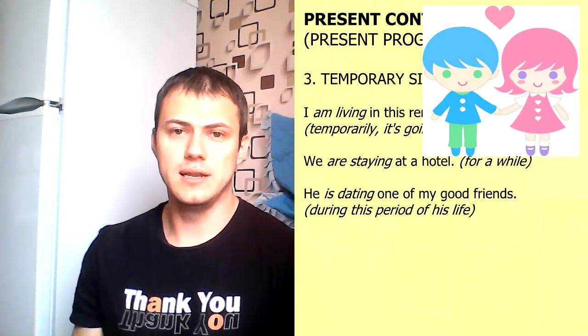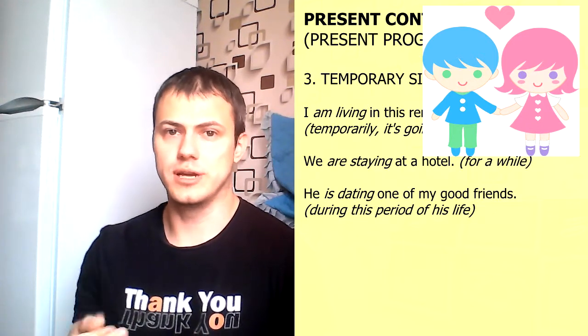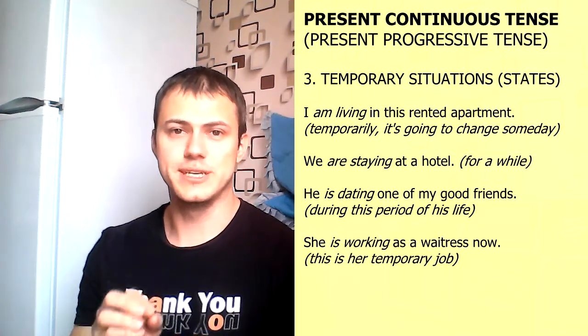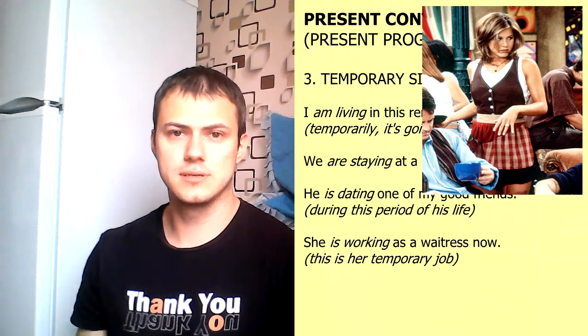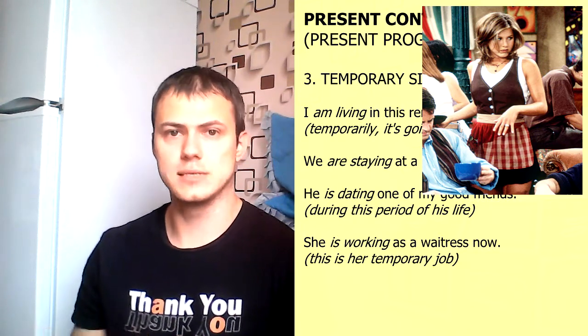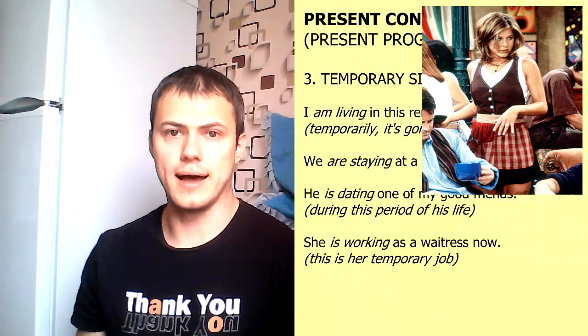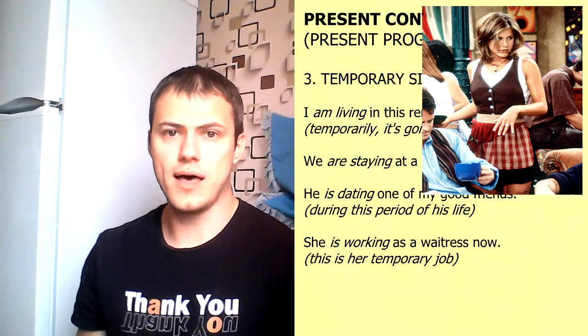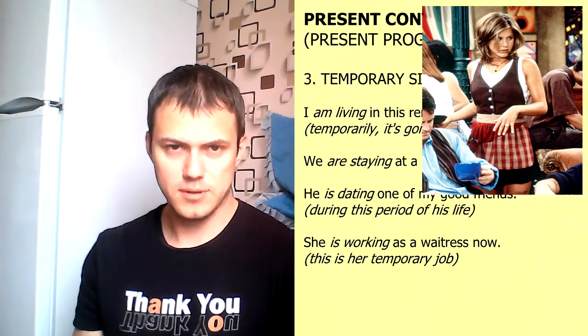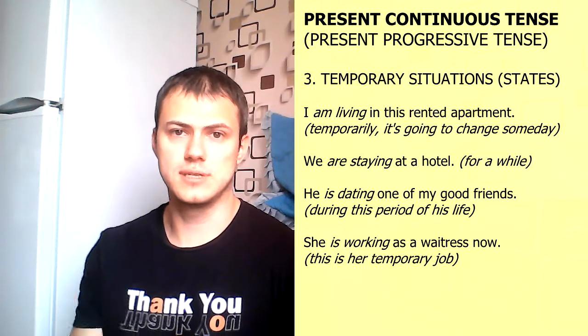So I believe this is a temporary situation, so I use the present continuous tense now. She is working as a waitress now. So it's a temporary situation as well. She's gonna change her job maybe after a few months of being a waitress. So we use the present continuous tense.